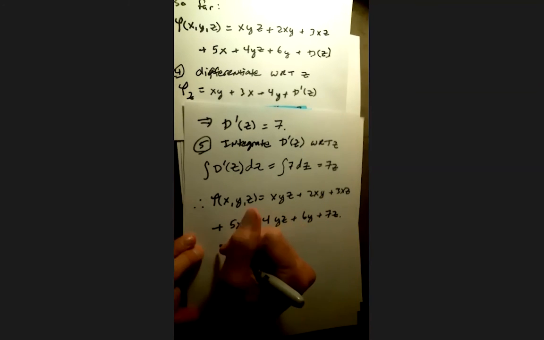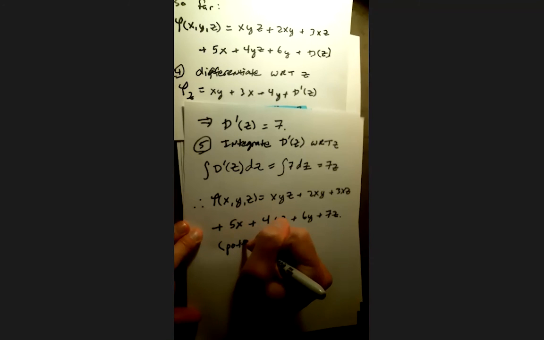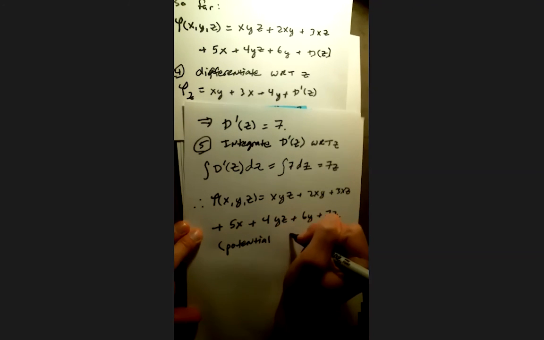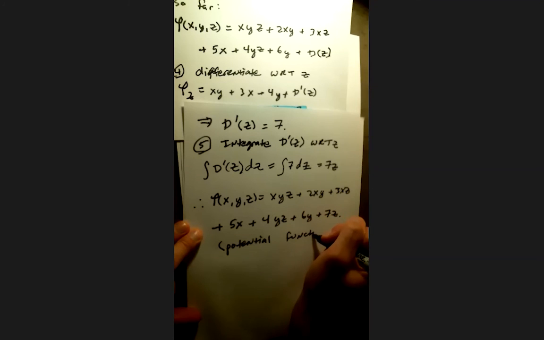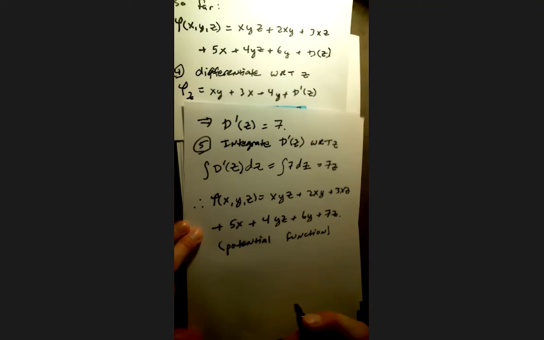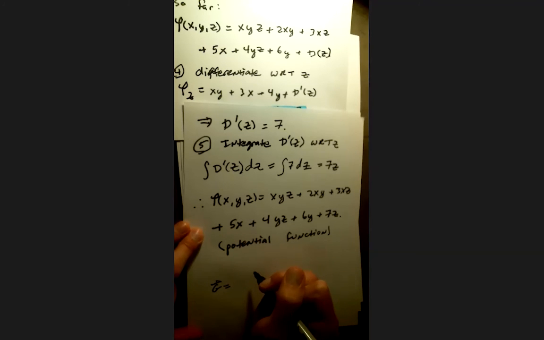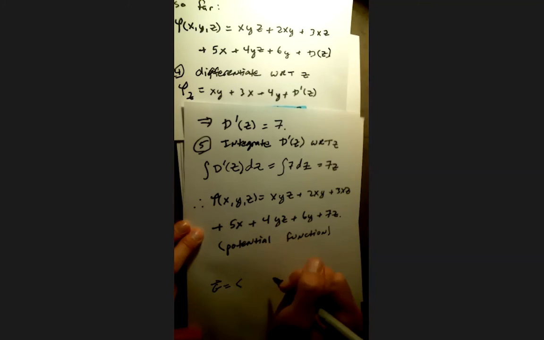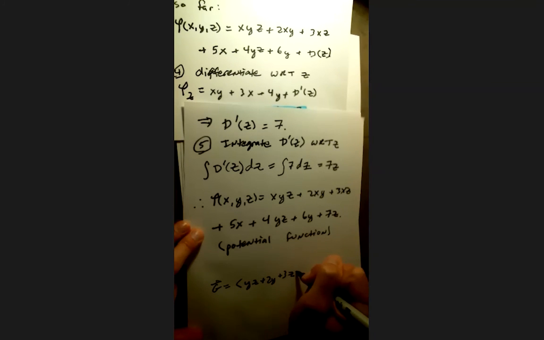So this that we just found is the potential function for the gradient field, G, which was right at the outset of our question. That ugly thing that we started, yz plus 2y plus 3z plus 5, comma, like that.